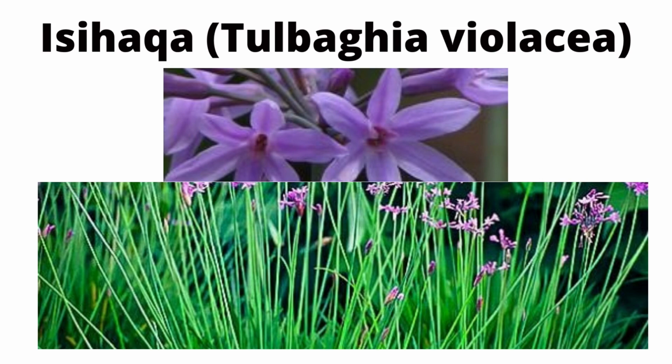I'll be doing two videos on Isihaqa. The first one will be the Isihaqa used in South Africa, the Tulbaghia violacea one. The second is the one sold and mostly used in Zimbabwe, which is the Cassia abbreviata one. So that's the disclaimer.